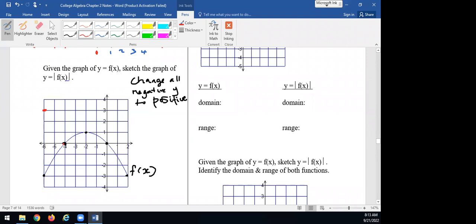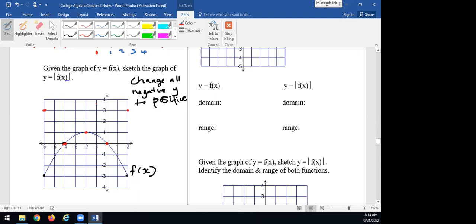Now, this point here will not change because we don't have negative or positive 0. 0 is just neutral. So this doesn't change. This also does not change because y is already positive. This also does not change. And what happens to this one here? We have 2, -3. What does it become? 2, +3.